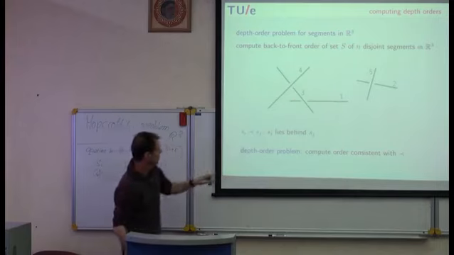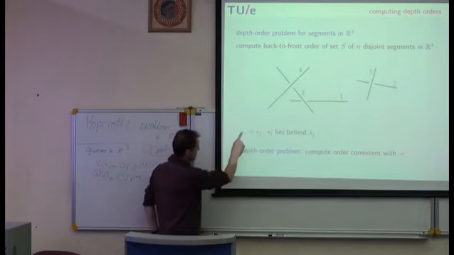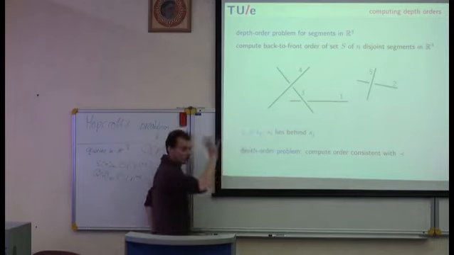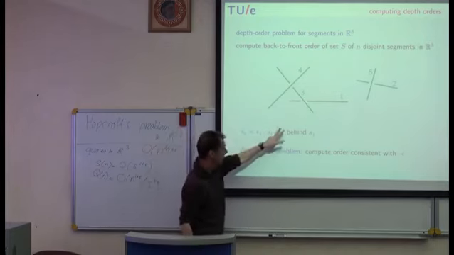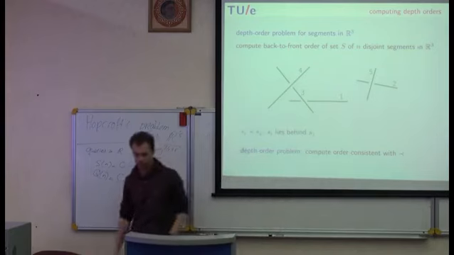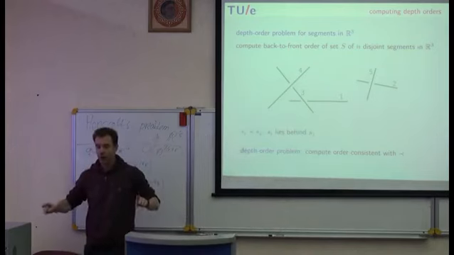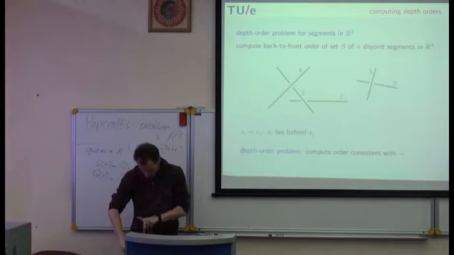Okay, so a little bit of notation. I write Si smaller than Sj if Si lies behind Sj. With behind I mean when I look at it, they actually intersect, and this one is lower.